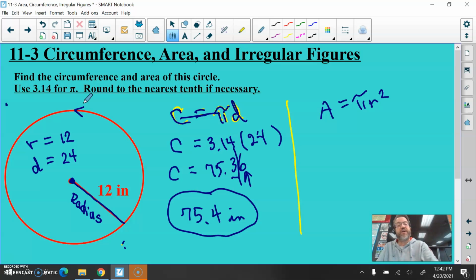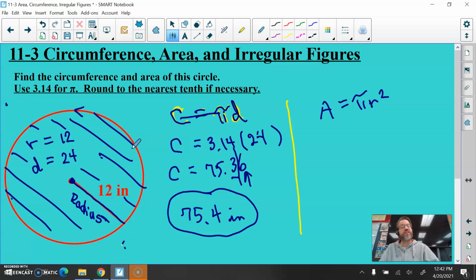Now the area, that's referring to all of the space inside of the circle. I'm trying to shade it in without crossing out any of the numbers that I've written down. The area is the space inside of this circle. So now area equals pi, 3.14, times the radius, and the radius r equals 12, times 12 squared. So now we can solve this.